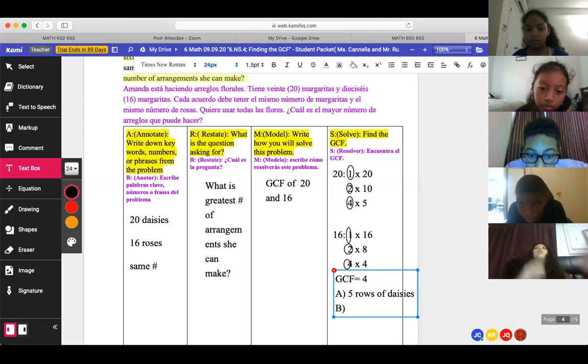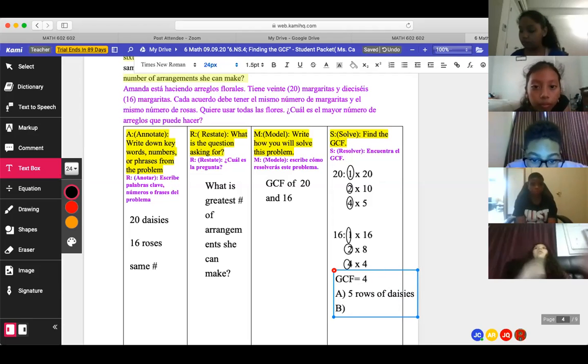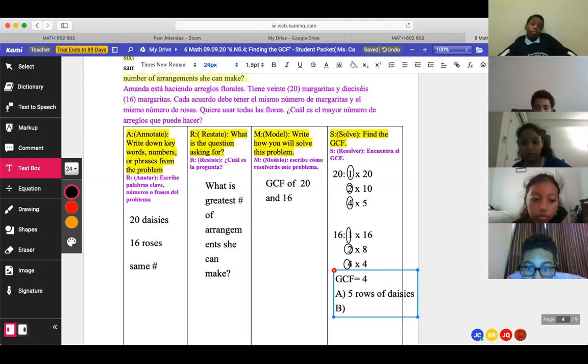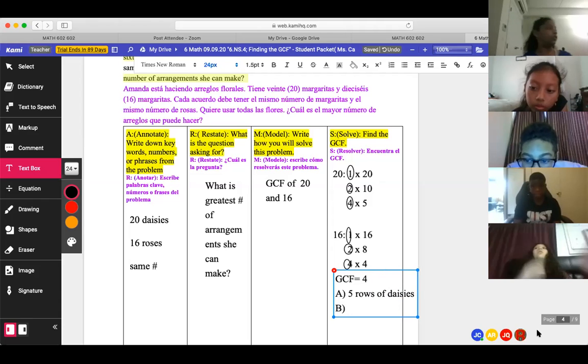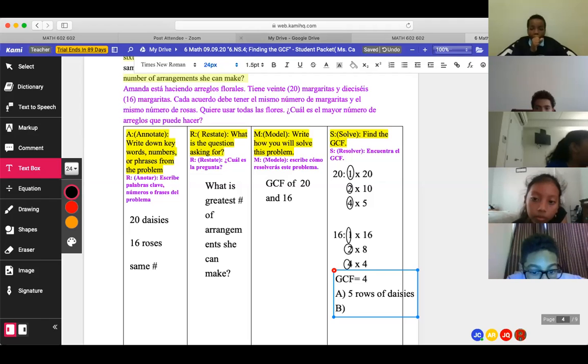But at the same time, remember what I said, that they're asking for the same number. It's just like me saying, hey guys, we're in a room and I have 16 roses and 20 daisies. And I have a whole bunch of tables, but I want to make the same equal number on each table. I have to have 5 arrangements of daisies. And then I will need how many to equal the roses?